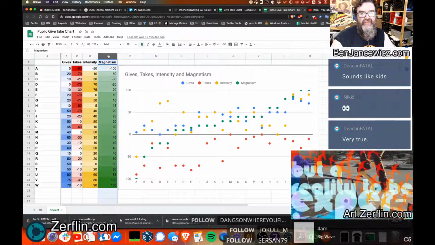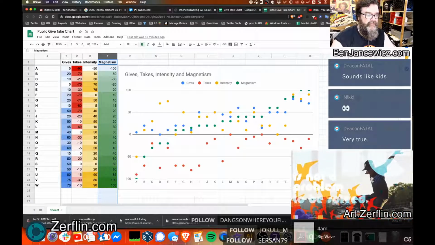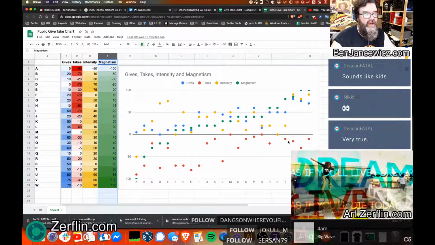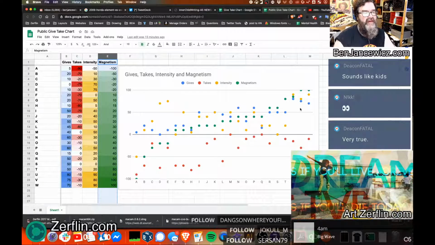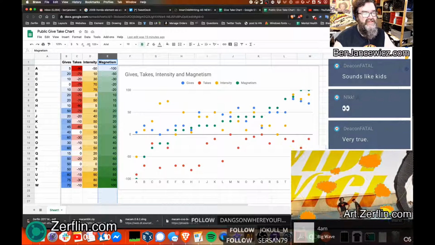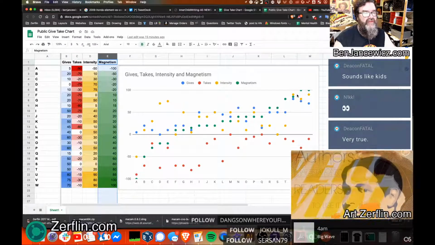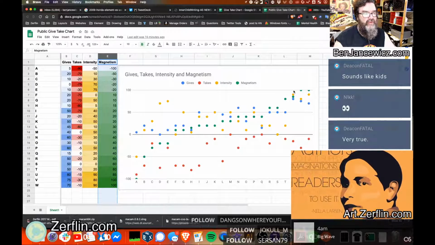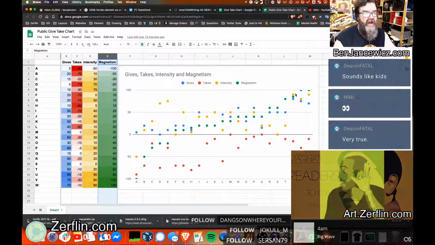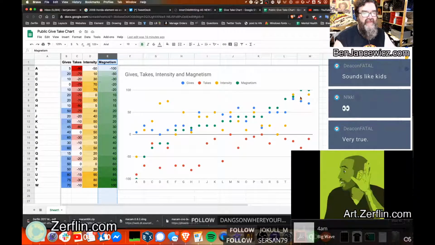So right now I have everything sorted by magnetism, right? So if I look over here and look at the chart, I can see that the people on the right side of the chart, these last three, U, V, and W, have very high giving. They have very high intensity, and I'm also really attracted to them.